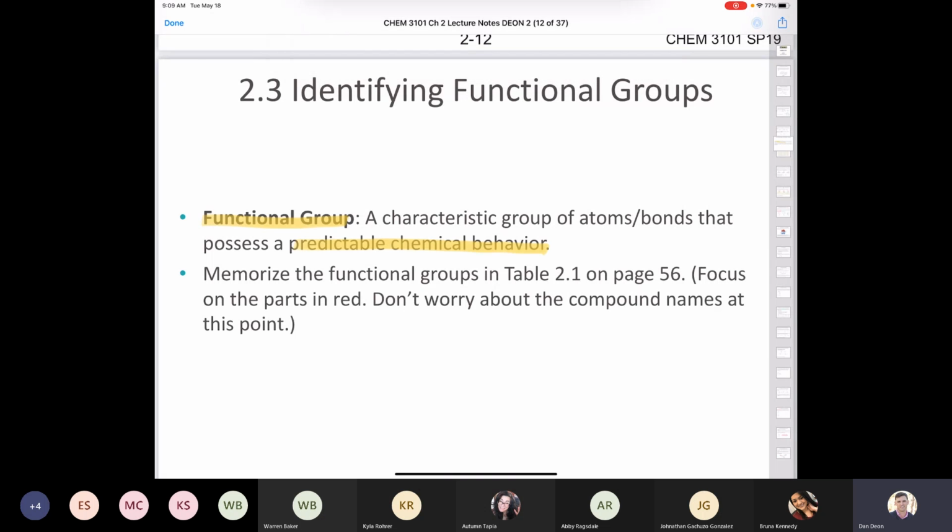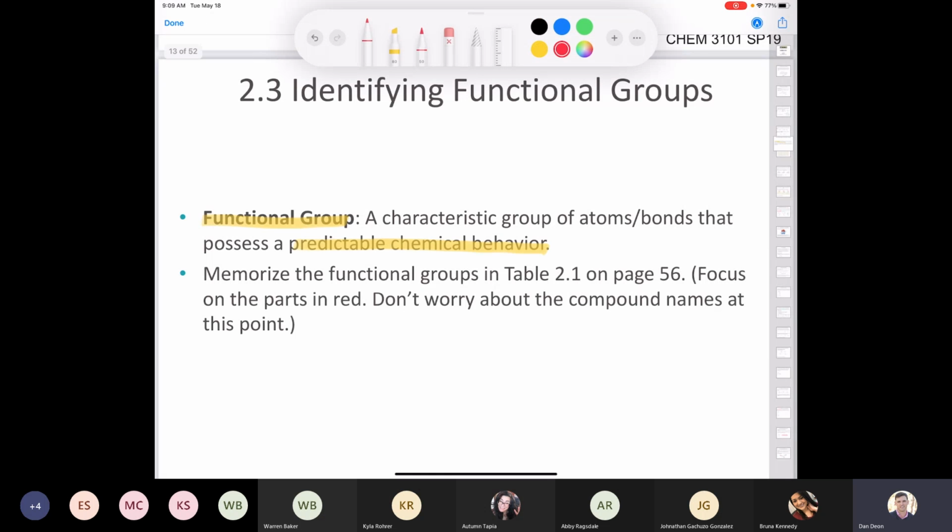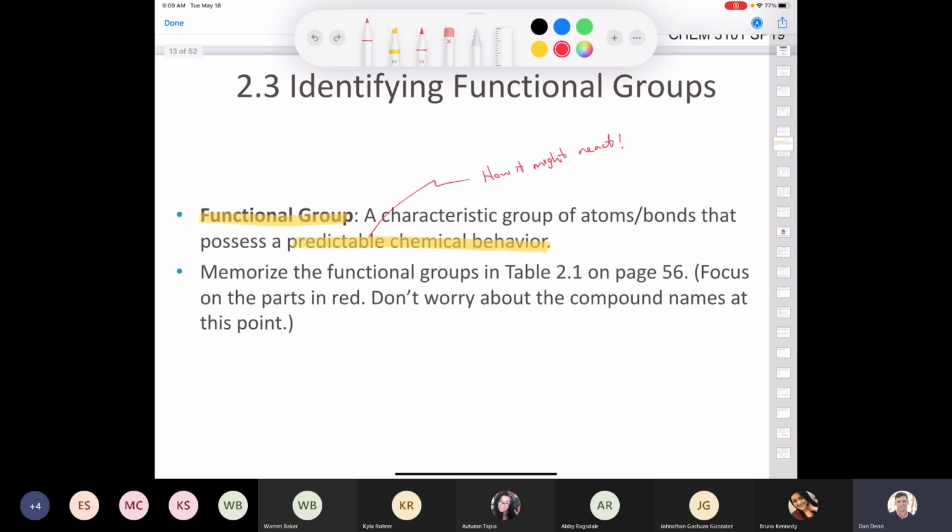That's really important because just by looking at a functional group, you can tell how it might react. One of our key takeaways from organic chemistry is we want to be able to determine how and why molecules might react, and be able to predict reactivity.